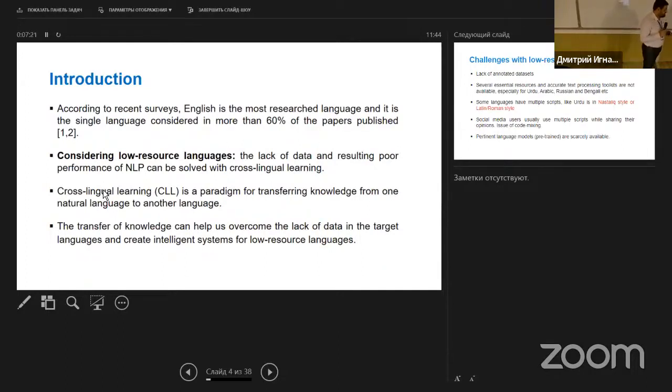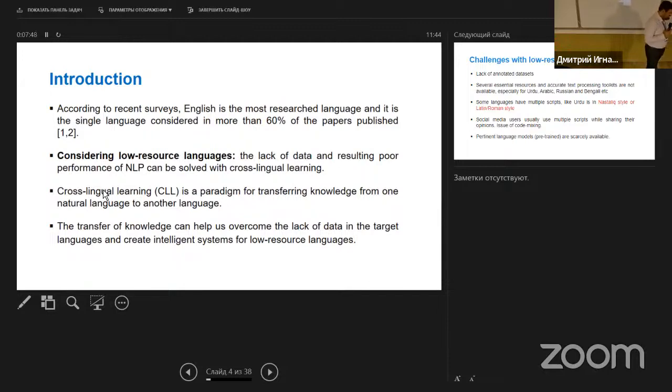According to a recent survey, more than 60% of the papers published recently are in English. That is the problem with low resource languages, that they are sometimes totally ignored. So there are several challenges with low resource languages. I will describe those challenges in the next slide.